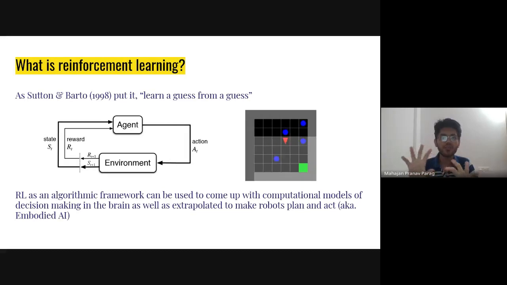If you remove the social learning aspect for a moment and focus on the individual learning aspect, then most of the learning in any learning agent happens through trial and error. You go out, interact with the environment, and learn from that experience.